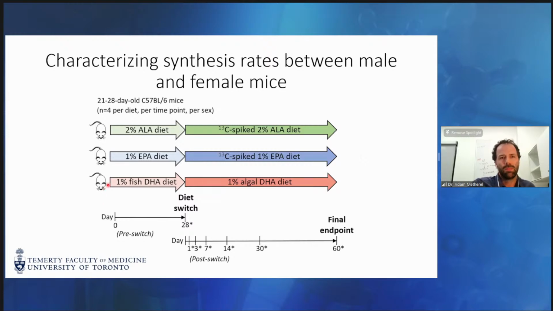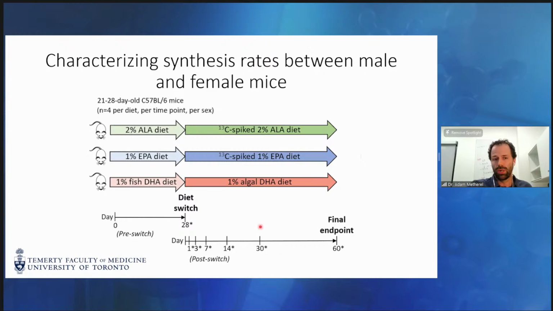But here in this study, we had male and female mice fed either an ALA, EPA, or DHA diet pre-switch, and then switched onto essentially the exact same diet, but just with a tiny bit of C13 in it. And during this post-switch period, at multiple different time points, we'll collect blood and tissues.